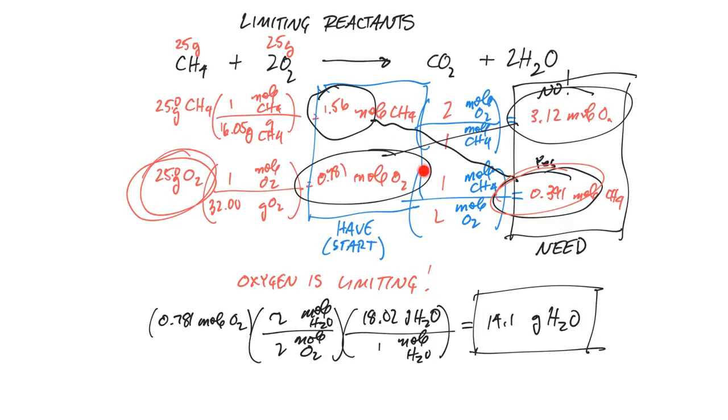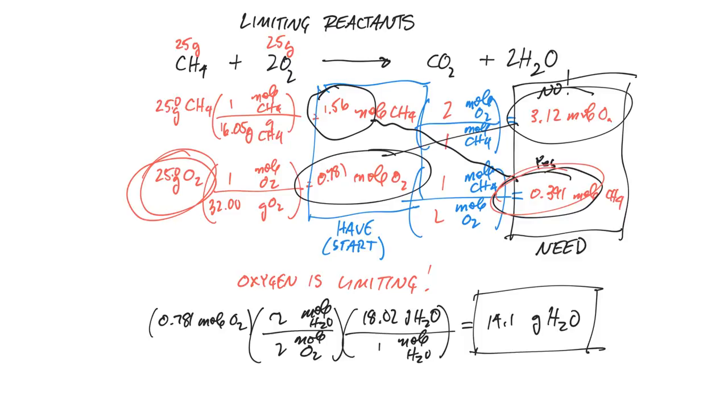Now that I know that my oxygen is limiting, notice that I can use that number to then predict the amount of water. And this is a simple two-step mole map problem where I'm going from the moles of something to the mass of the other. So again, in this region right here, I determined what I have of each of the moles. I then determined how much I need of the other to fully react each of those.